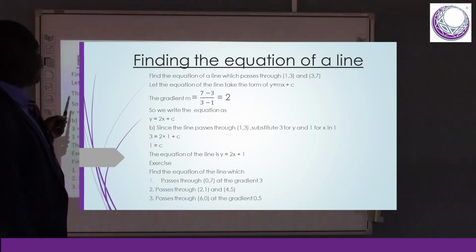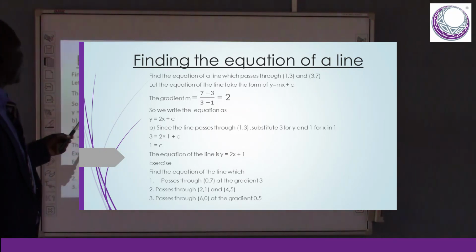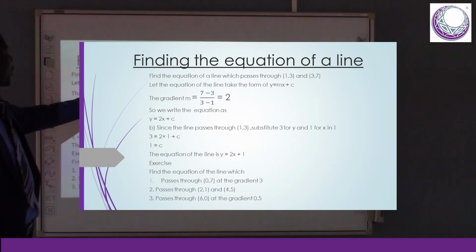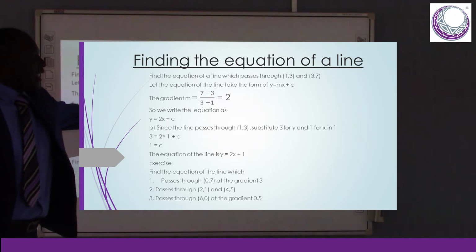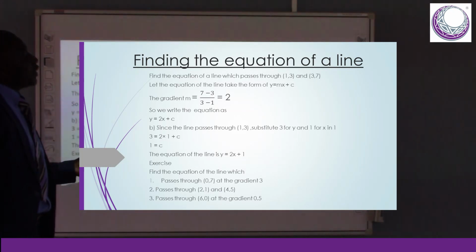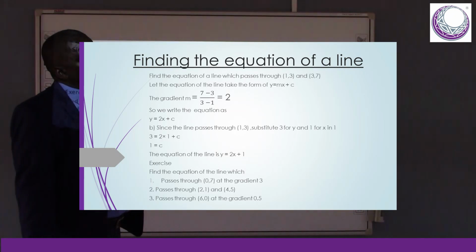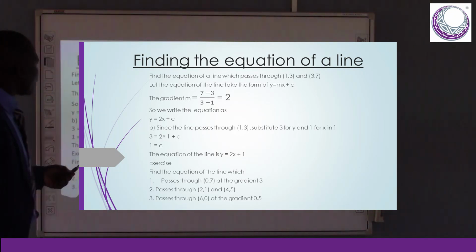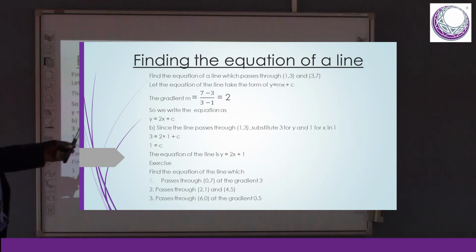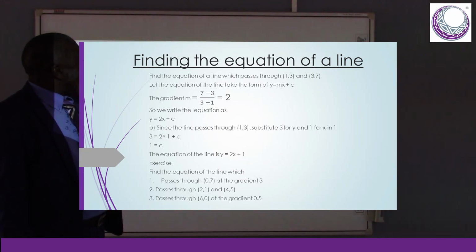For you to find the equation of this line, let the equation of the line take the form y = mx + c. So it is advisable that most of our equations should be in standard form. Now the first thing that I need to find, as I say, this m here stands for the gradient.